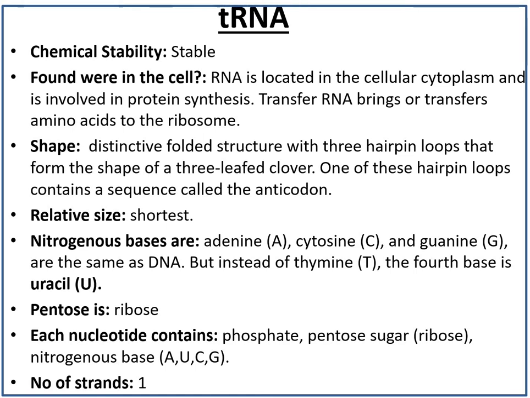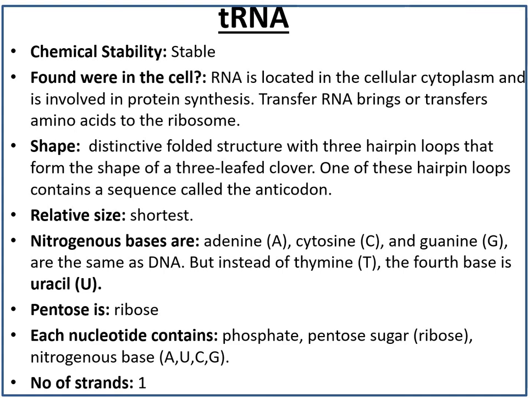Then finally, another type of RNA that you learn about is tRNA. This is a relatively stable structure because of the hydrogen bonds when it folds in on itself. It is found in the cellular cytoplasm and it's involved in protein synthesis. And transfer RNA brings or transfers the amino acid to the ribosome. And it's got a distinctive folded structure with 3 hairpin loops that form the shape of a 3-leafed clover.